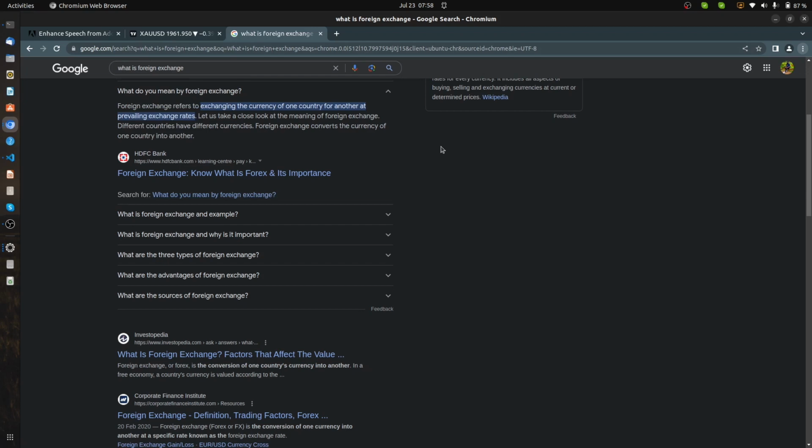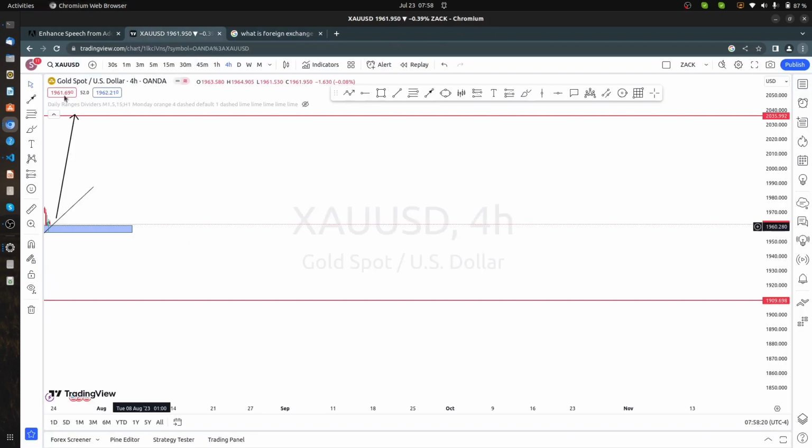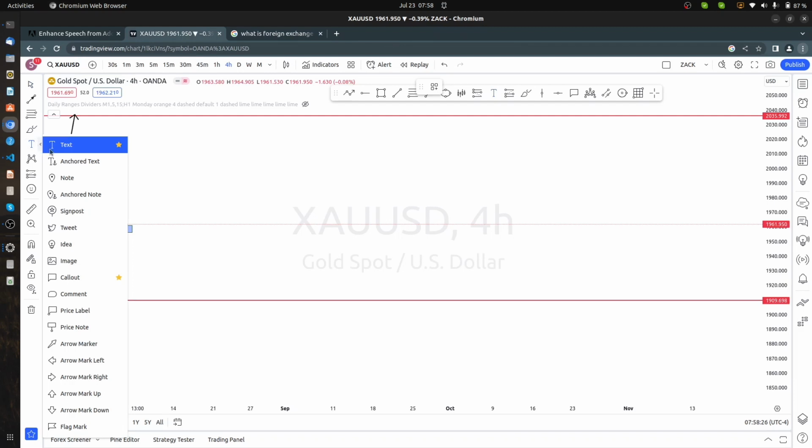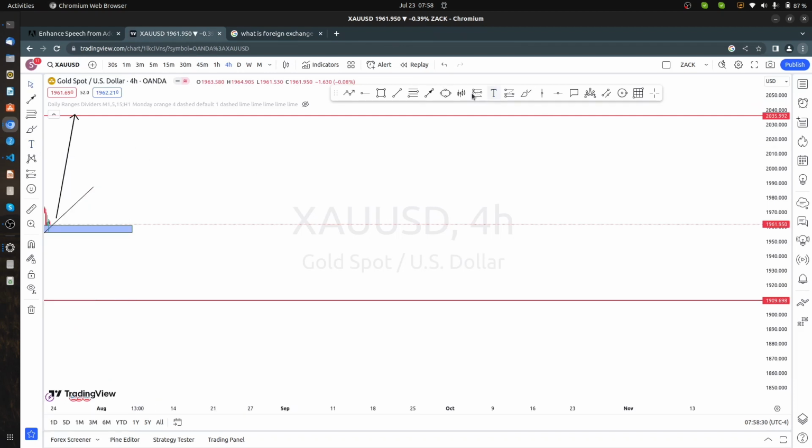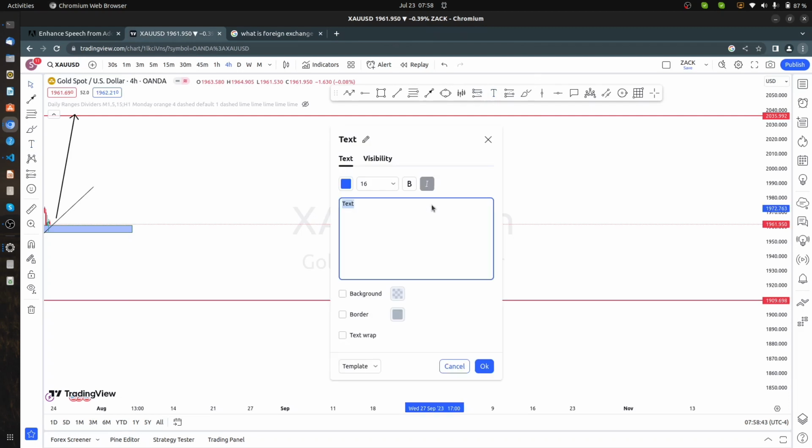So for example, you might have your euro USD. Let me add this to my favorites. Okay, it's already there. So you can have two currency pairs, and you want to benefit from the exchange rates.